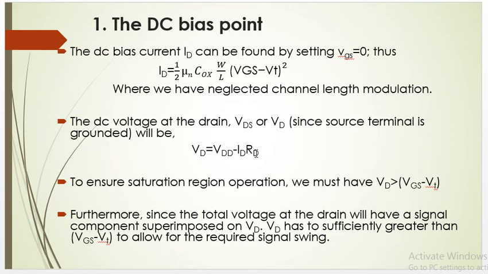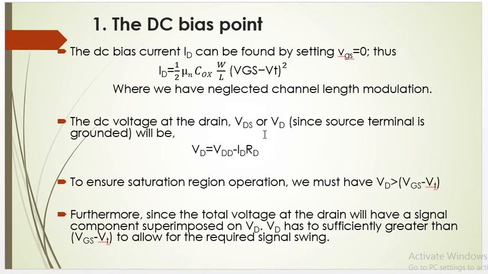And one more important concept is for saturation region operation of the NMOS transistor, we must have VDS or VD value greater than VGS minus VT, so that with sufficient signal swing, the entire signal can be amplified.